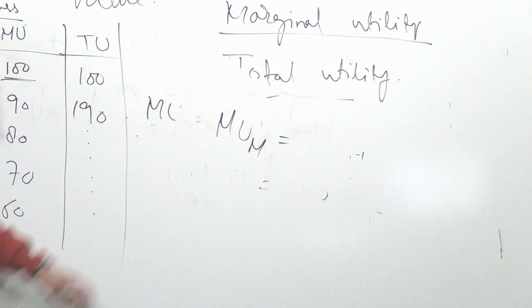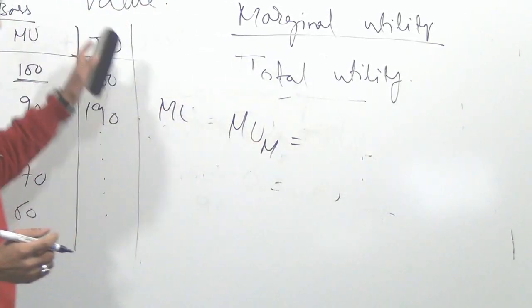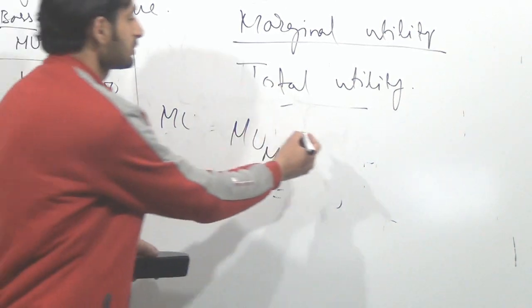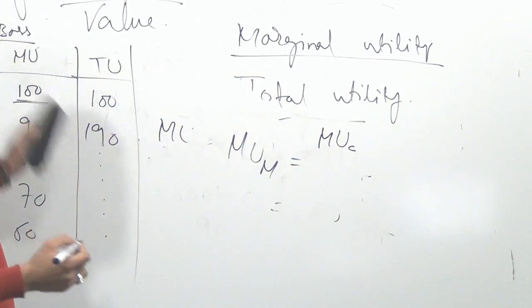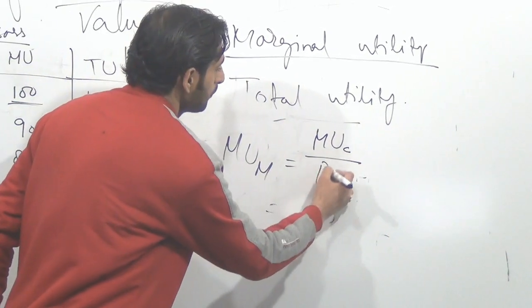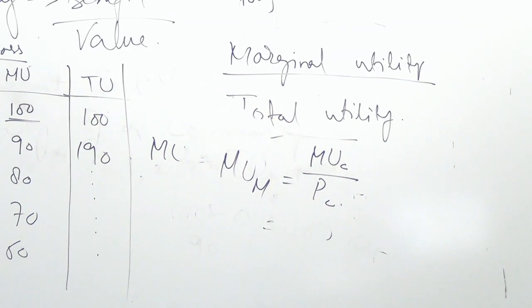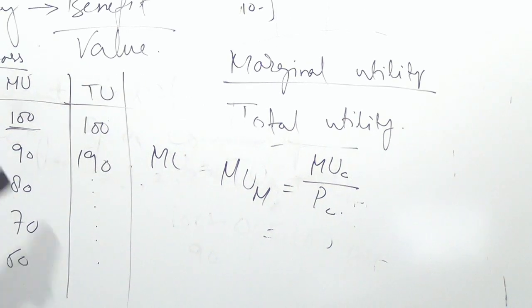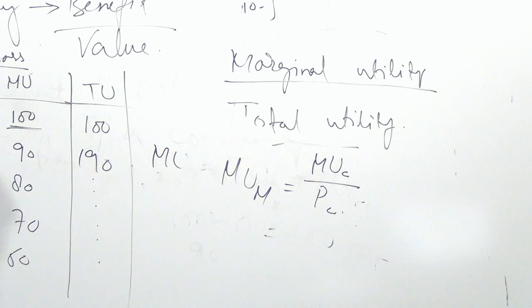The marginal utility of money is nothing but the quantity consumed and the price given for it. That is, marginal utility of these chocolate bars divided by the price of these chocolate bars. We can take the second commodity into consideration, but here we are dealing with a single commodity case.